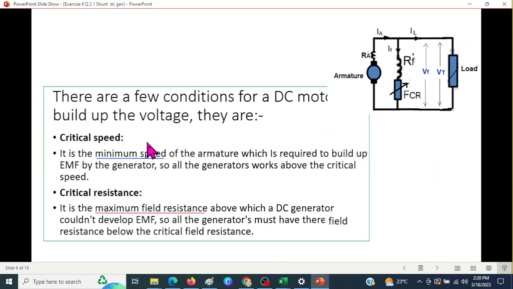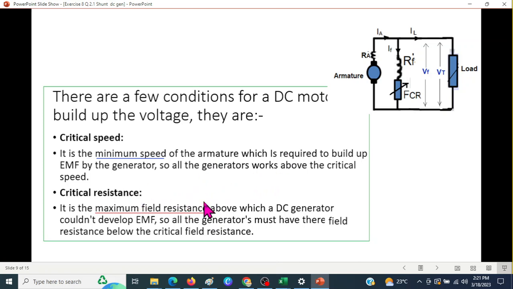What is the critical speed? It is the minimum speed of the armature which is required to build up EMF by the generator. You know that the armature is rotated by some external force to generate voltage. So the minimum speed that will start generating voltage is called the critical speed.